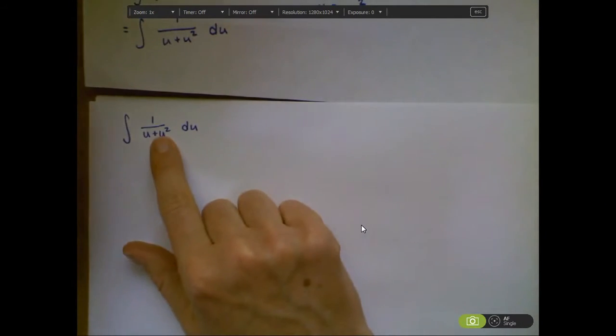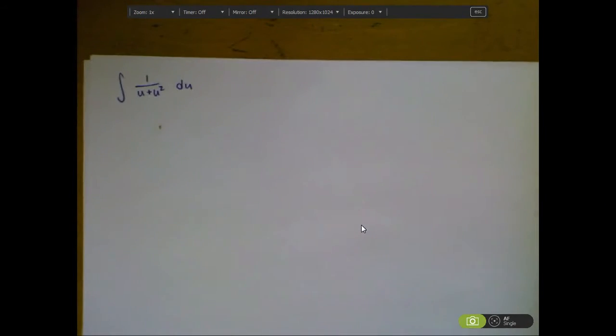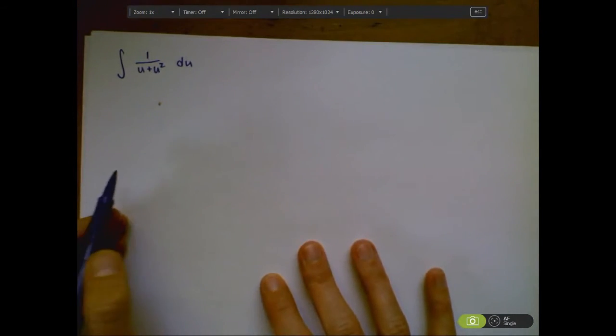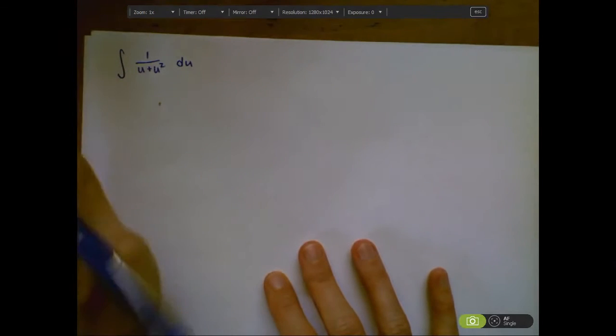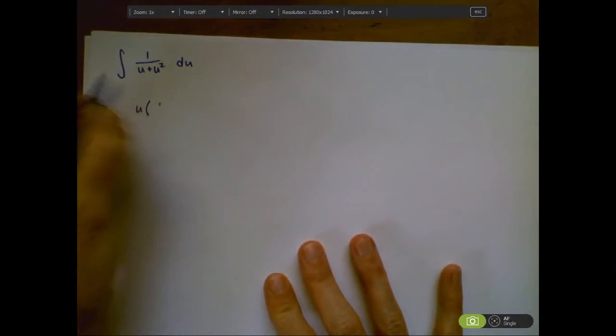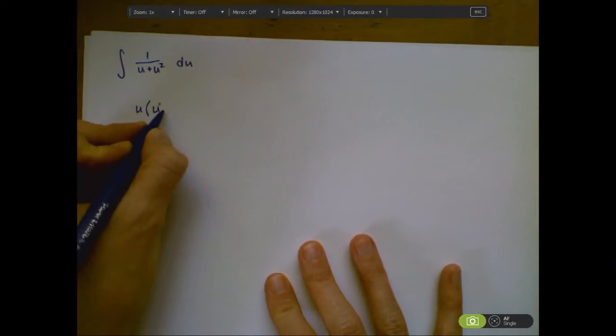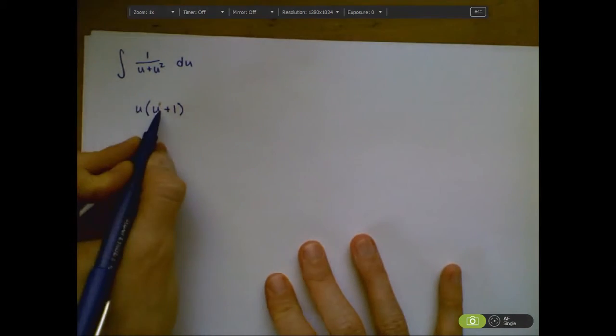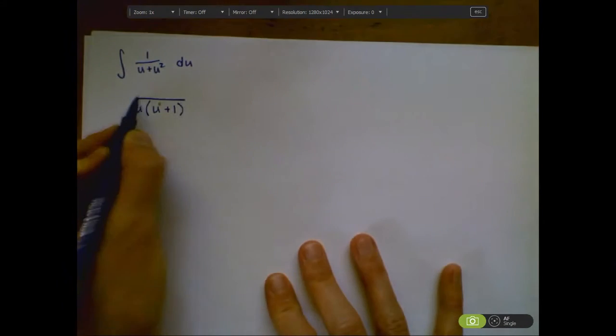Notice that this is a ratio of polynomials. We have a polynomial that's really boring on top and a polynomial on bottom. There might be other ways to do this, but I'm going to do it by partial fractions. The first step is to factor the denominator into u and u plus 1.